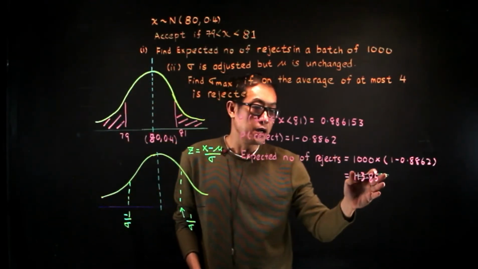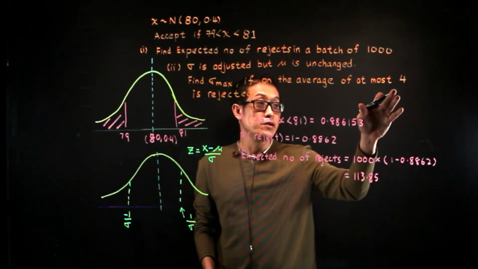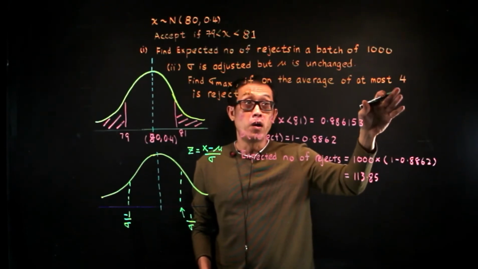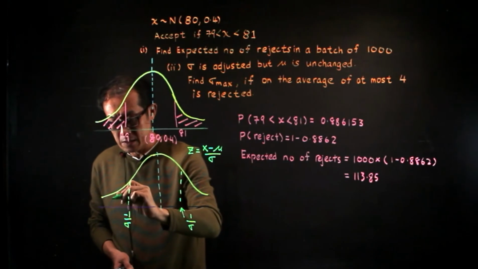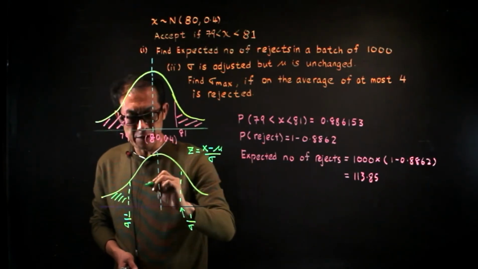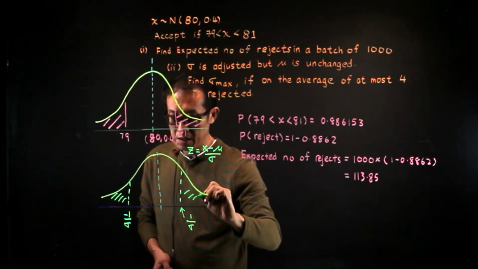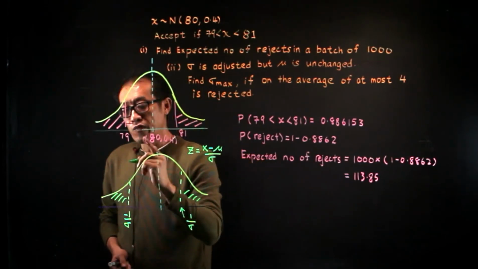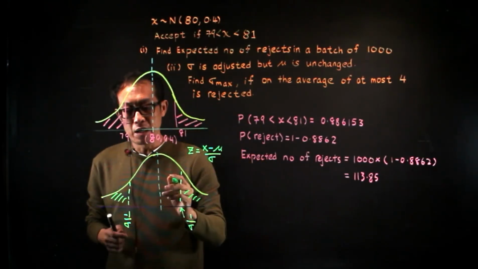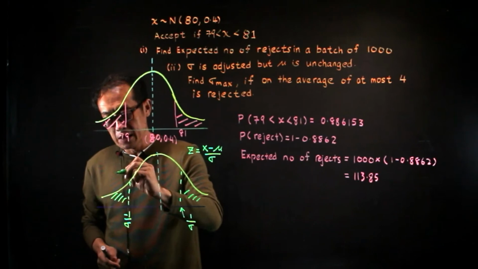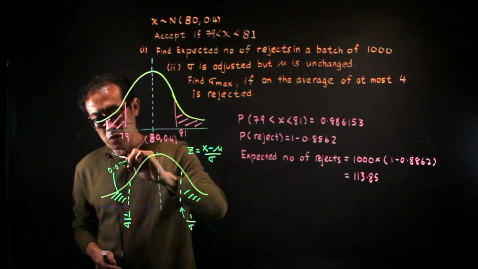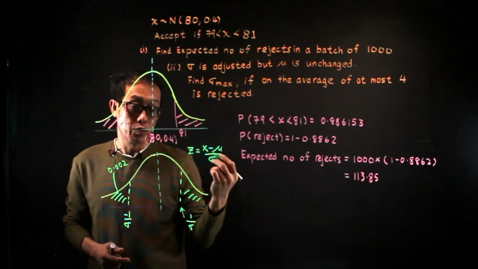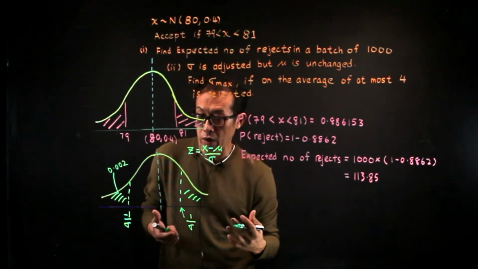Now the probability of rejection is given by 4 out of 1000. So this area here plus this area here is 4 out of 1000. But these two being symmetrical, that means this side will be 0.002 and this side will be 0.002 as well.